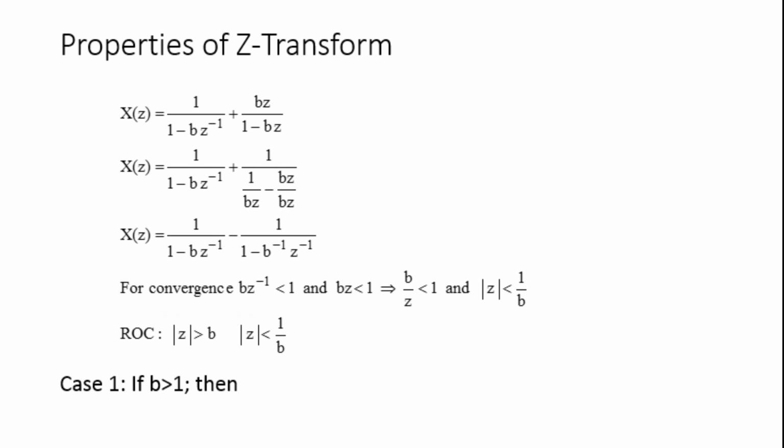Then X of z is equal to 1 divided by 1 minus b z inverse plus bz divided by 1 minus bz.